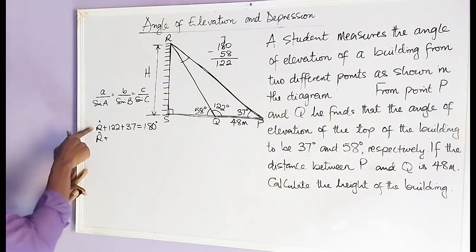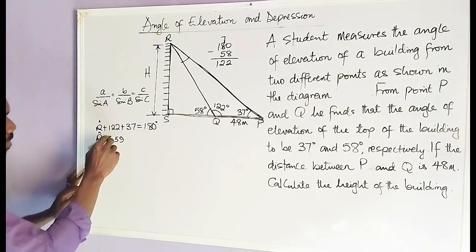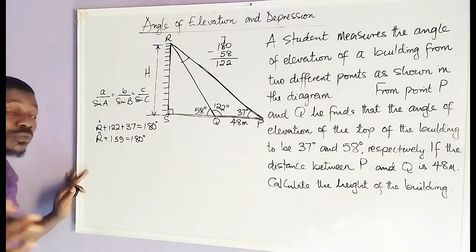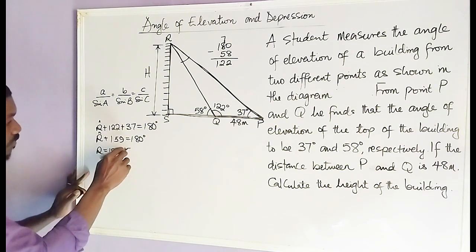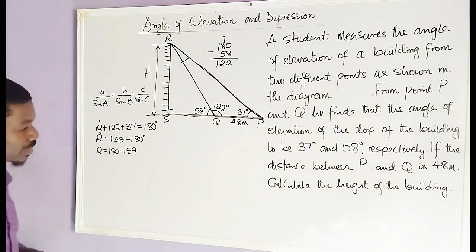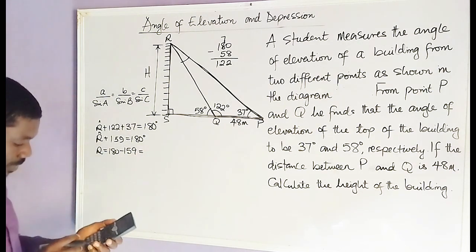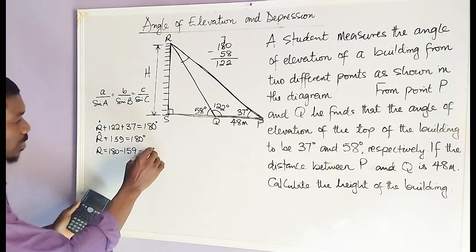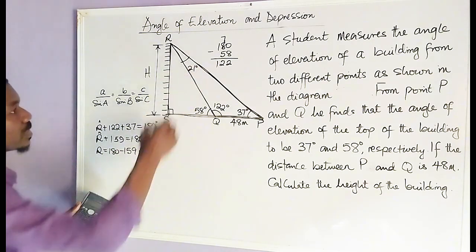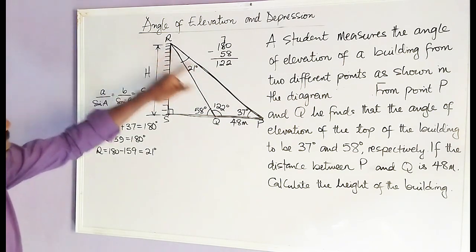This is just angle R, which is here. When we add this up, we get 159, so R equals 180 minus 159, which is 21 degrees. So here is 21 degrees.